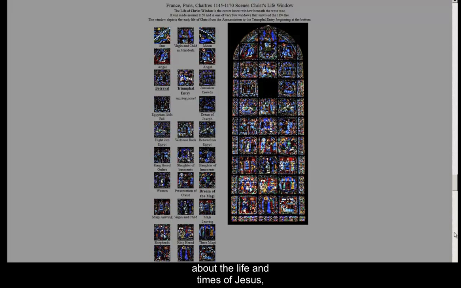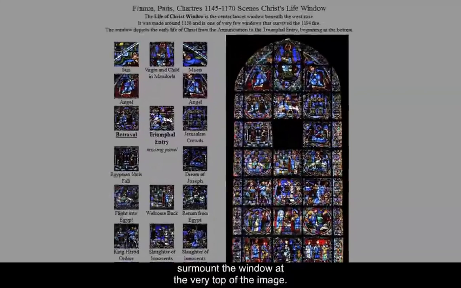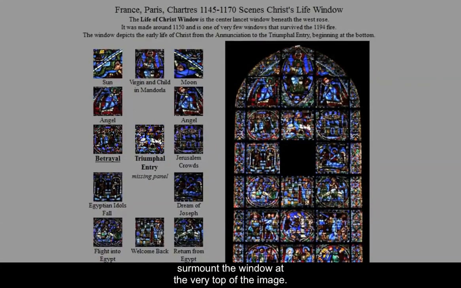life and times of Jesus, but I also want to talk a little bit about the organization of the window itself. There's actually a hierarchy: you have the celestial bodies at the top, the sun and the moon, and the Virgin and Child surmount the window at the very top of the image. Then you have the life and times of Jesus, with the betrayal, the triumphal entrance into Jerusalem, and the crowds in Jerusalem.